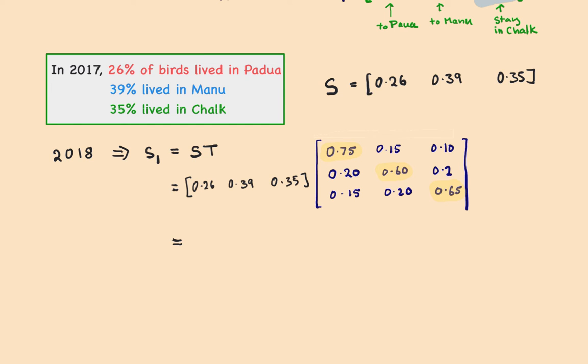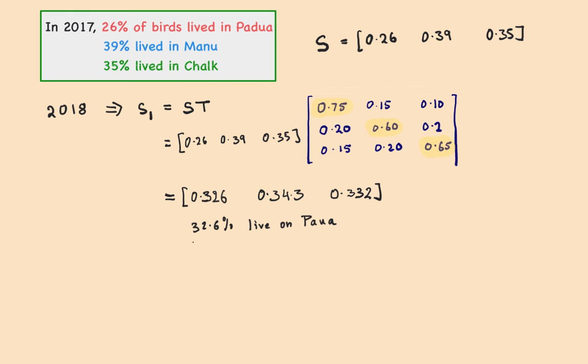Using a calculator, we multiply these two matrices to get, so we can say that 32.6% live on Pau, 34.3% live on Manu, and 33.2% live on Chalk, and this happens in 2018, 1 year after.